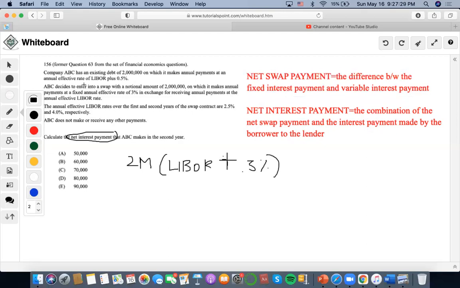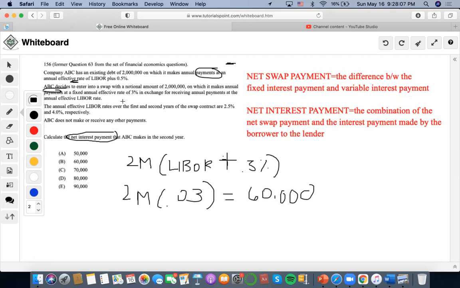Another is that ABC enters a swap, and we know that this is going to be an outflow. This one has a notional amount of 2 million, on which it makes payments, outflow again, with a fixed annual effective rate of 3%, in exchange for annual payments. So let's calculate: 2 million times 3%, they would make an interest payment of 60,000.